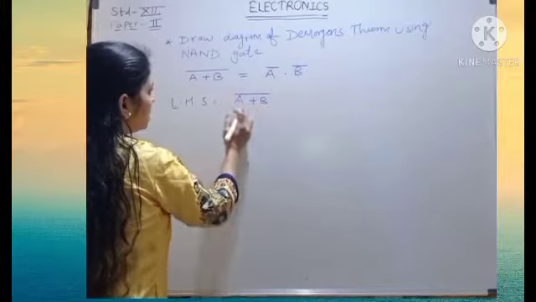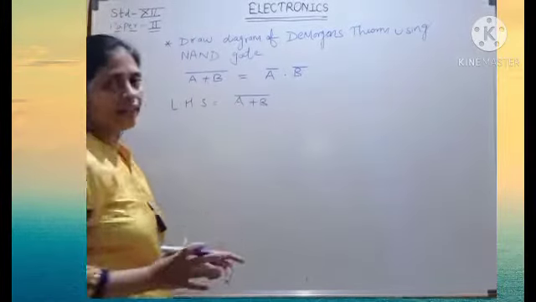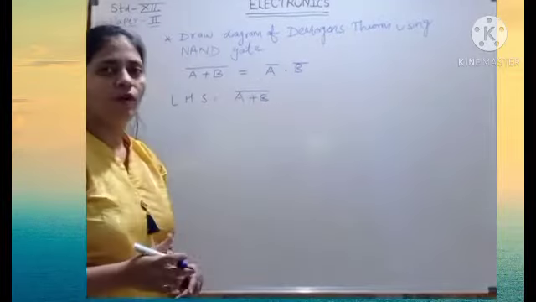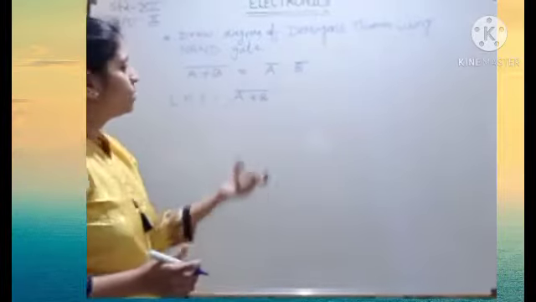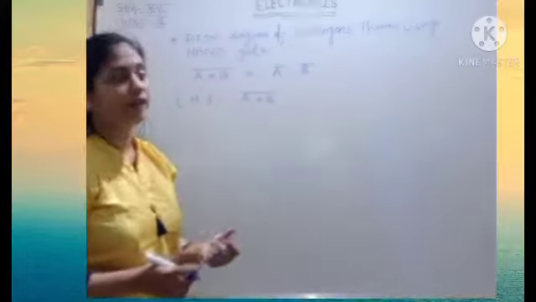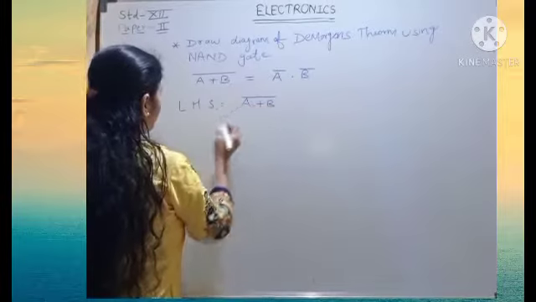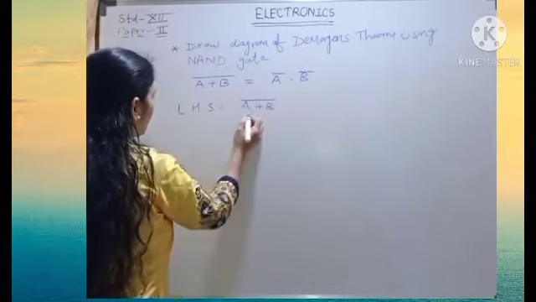So this is A plus B, which is an OR gate, and this is the complement, meaning a NOT gate. First of all we want an OR gate using NAND gate. So we'll draw the diagram of OR gate.